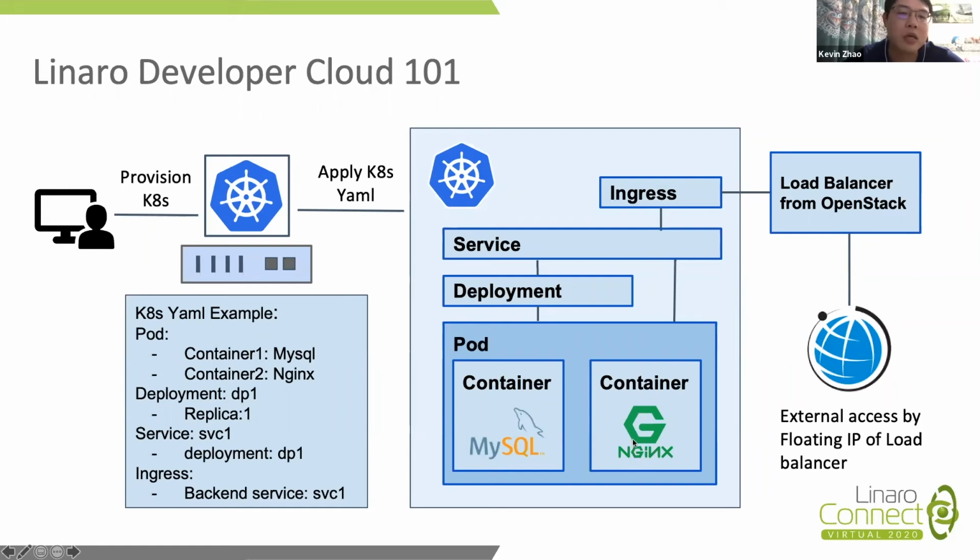So it is a relatively long data flow. You need to specify the path at the Kubernetes level, and also leverage the infrastructure side, which is OpenStack.